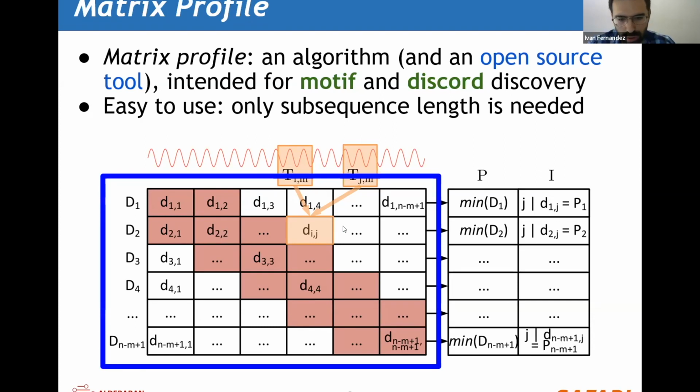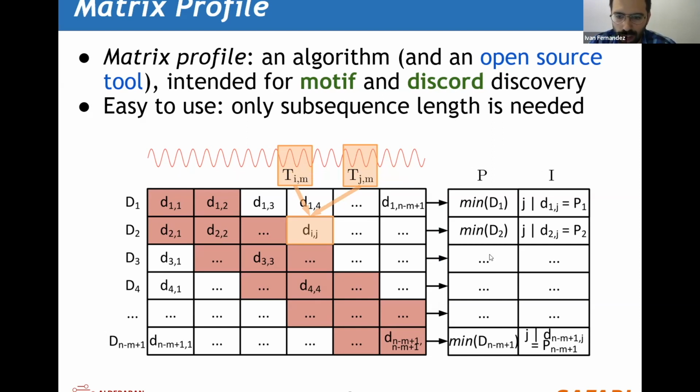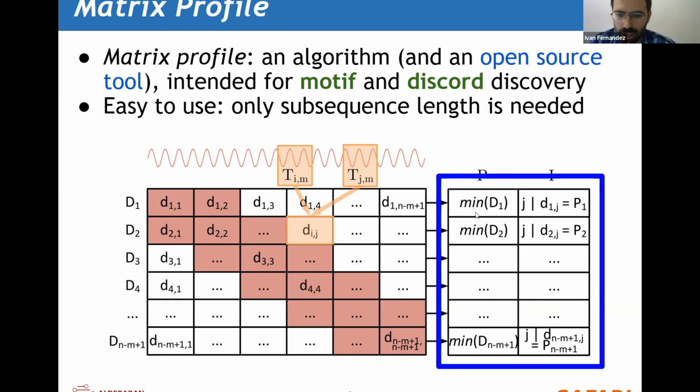And so what the algorithms usually do is to avoid storing it in memory. Instead of that, they store what they call the profile and the index vectors. The profile vector basically stores the minimum value of each row of the matrix.